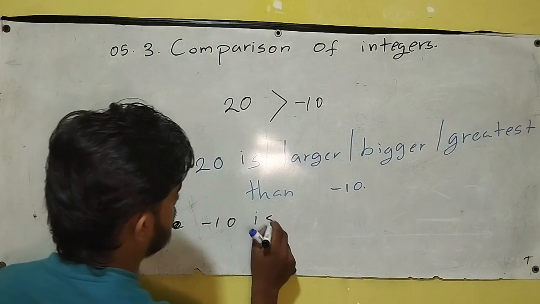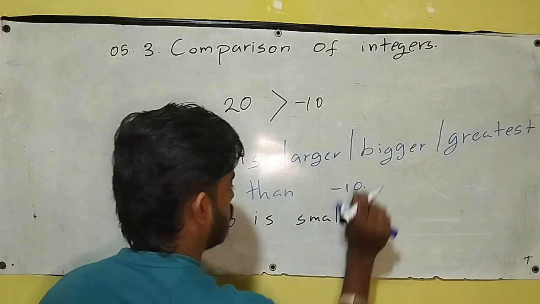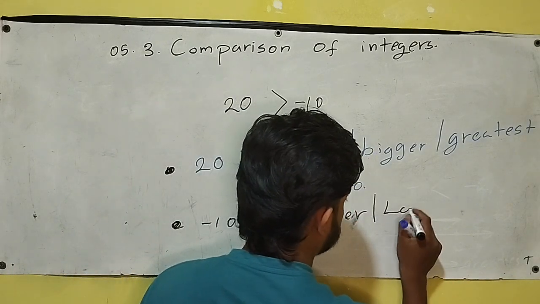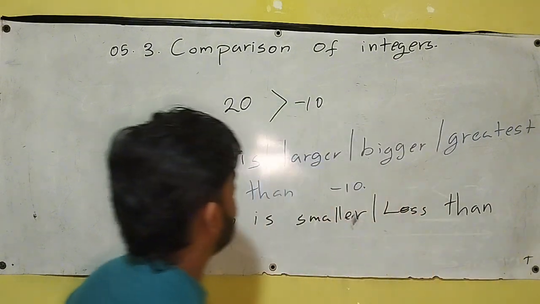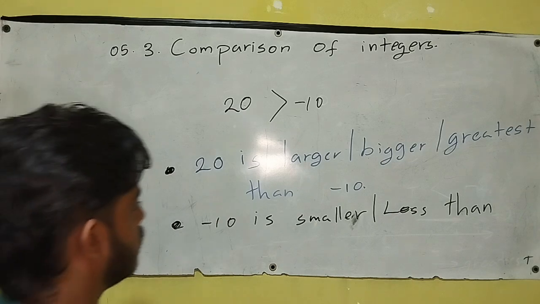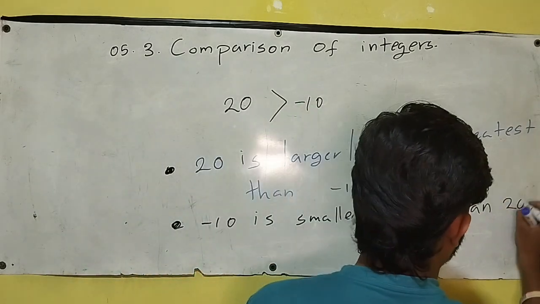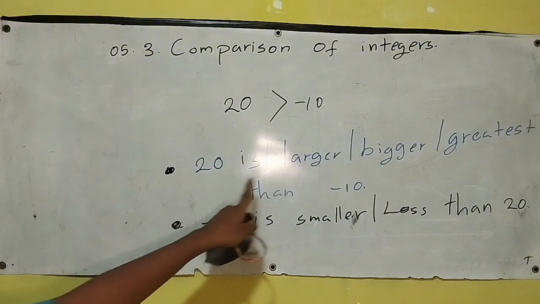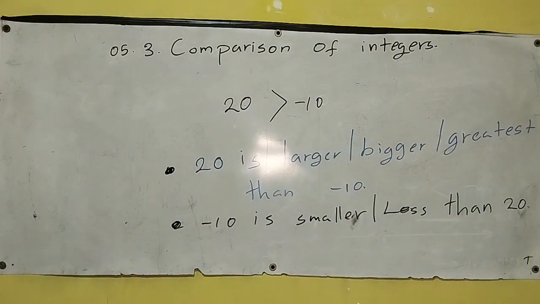Minus 10 is smaller, less than what? 20. 20 is larger, bigger, or greatest than minus 10.